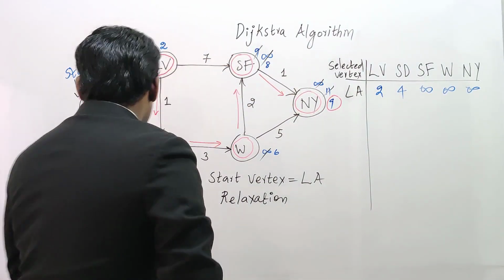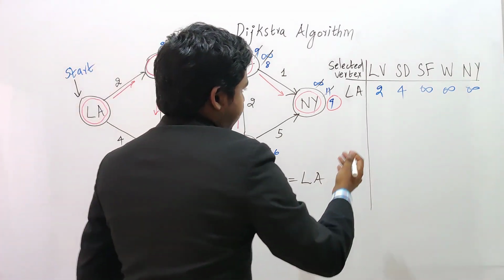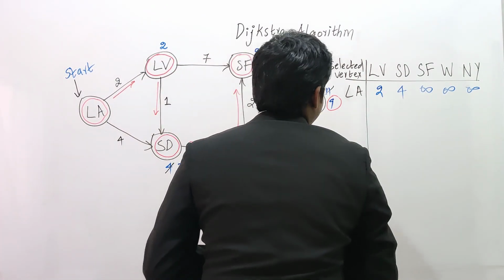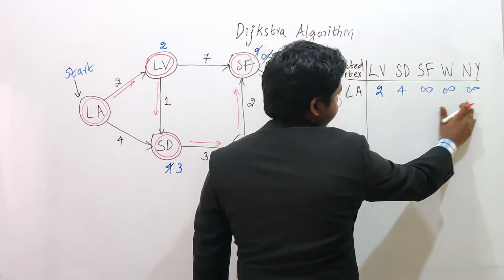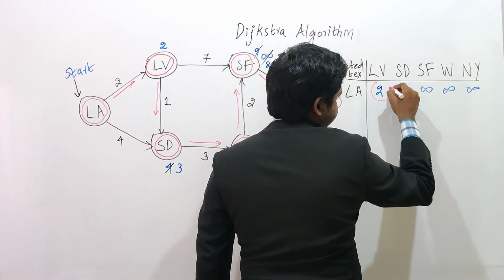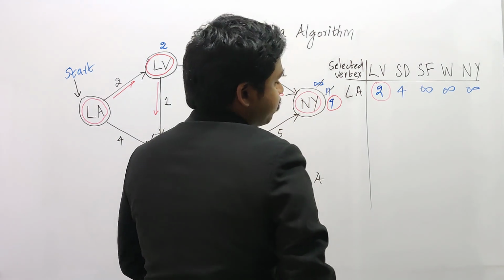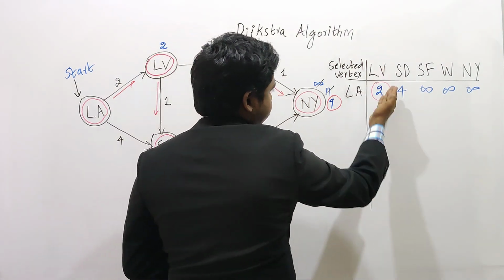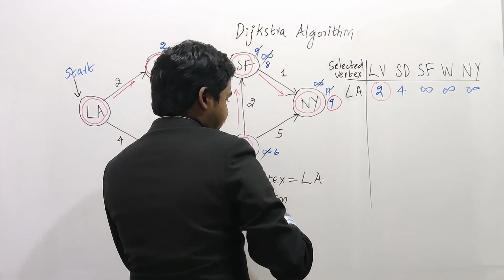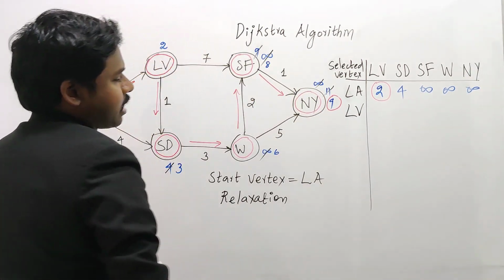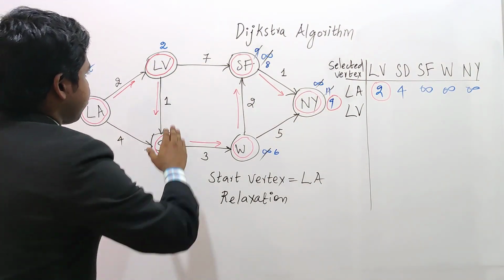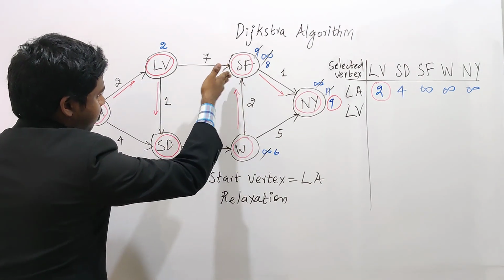Now from this, the next vertex is what? Once we have selected LA, from LA, which is the shortest distance here? 2 is the shortest distance, right? So since 2 is the shortest distance, what is corresponding to 2 is LV. So write LV here. So Las Vegas, once you reach Las Vegas, okay, from Las Vegas there are 2 paths, right?